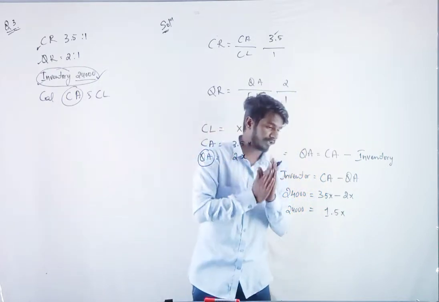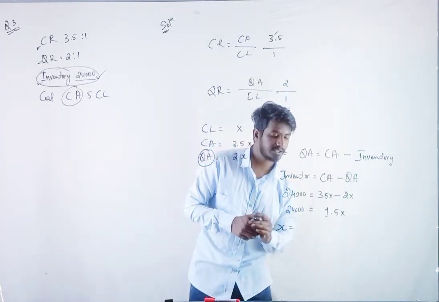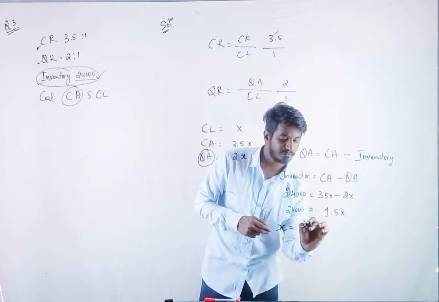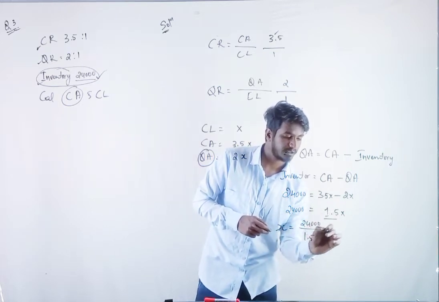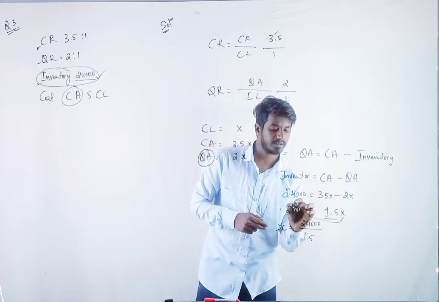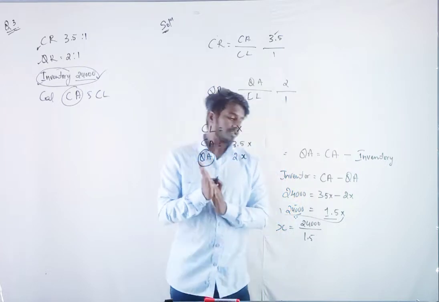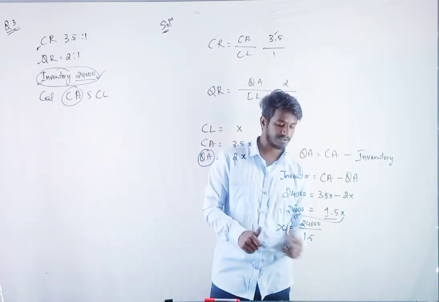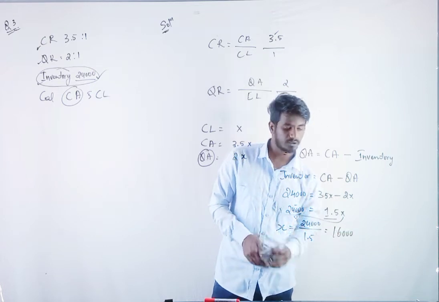Right. Fine. Then what will be the x? X is equal to 24,000 divided by 1.5. A little mathematics: it comes out 16,000.